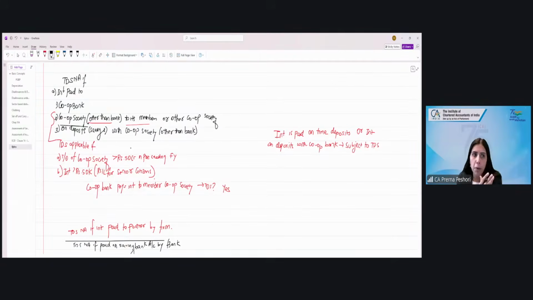So, if one cooperative society pays the interest to its members or to another cooperative society, this cooperative society should not be a cooperative bank. In that particular case, the TDS is not to be deducted.